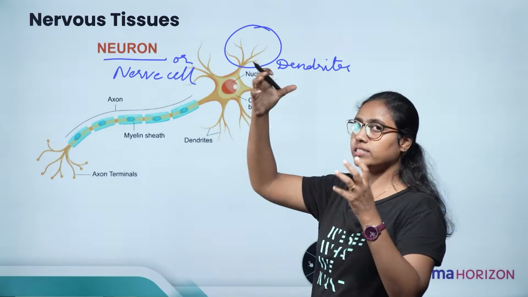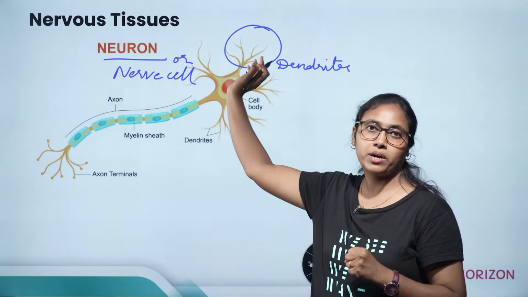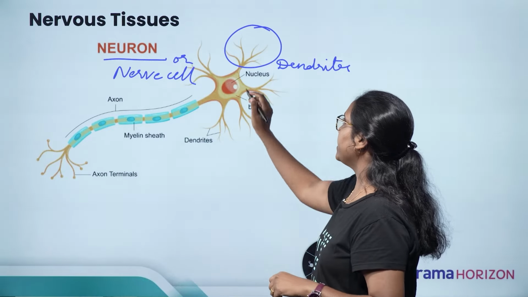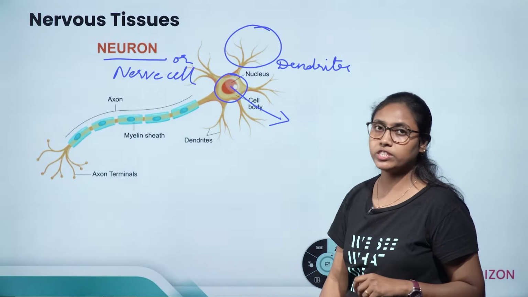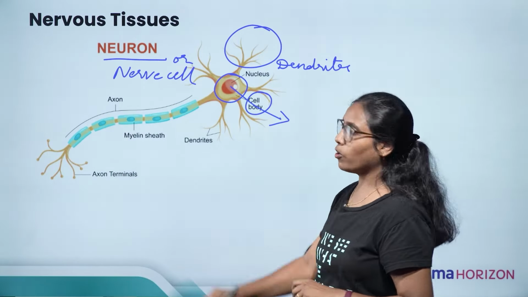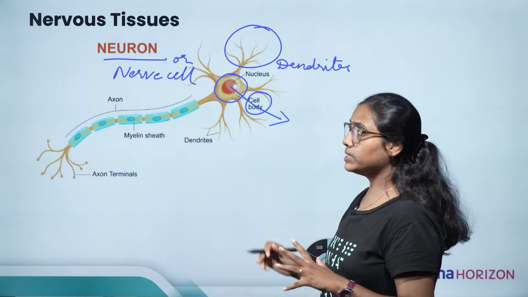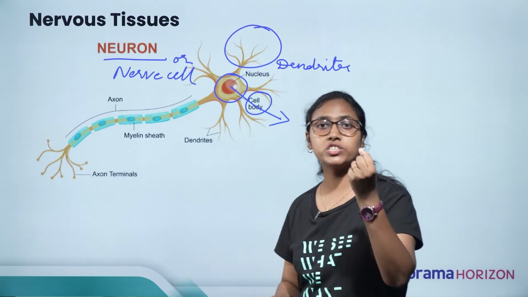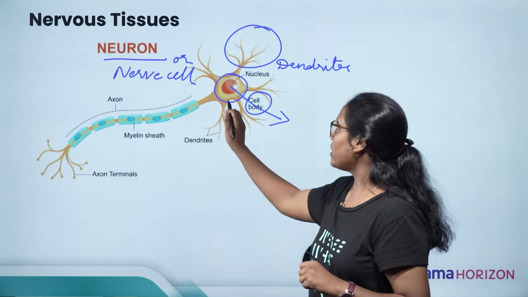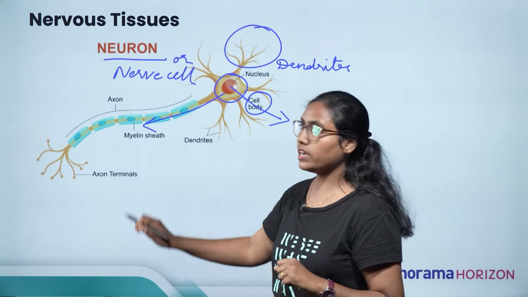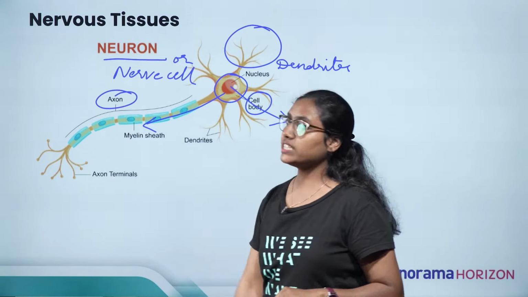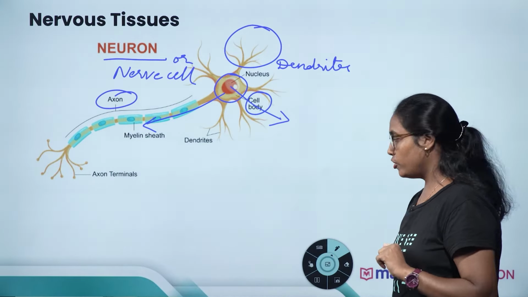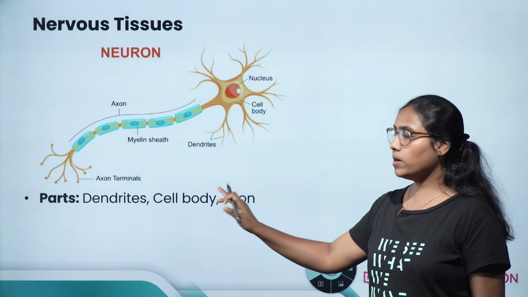So these dendrites receive the signal coming from some other neuron, and then they transfer it to a circular body which we call the cell body. Okay, so the cell body is the structure which receives the signal. Now from there it goes into the long tube which we call the axon. So these are the major parts of a neuron. So let's see the parts.